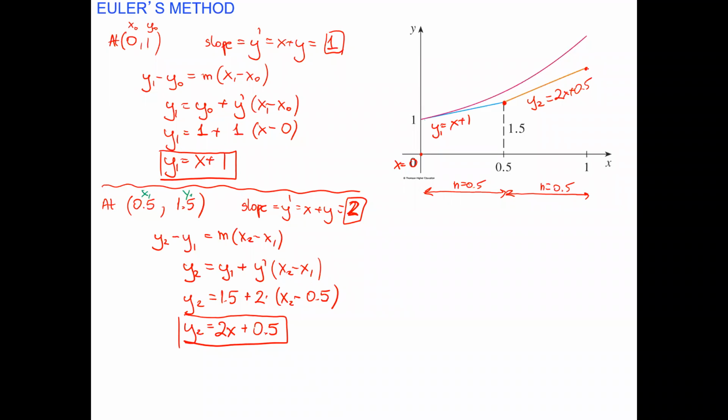And then at this point, I can compute another tangent, and then I can use that tangent line as an approximation. Let's maybe do one more. At this point, I can approximate: if x is 1, I can use that line, 2 times 1 plus half, 2.5. Okay.